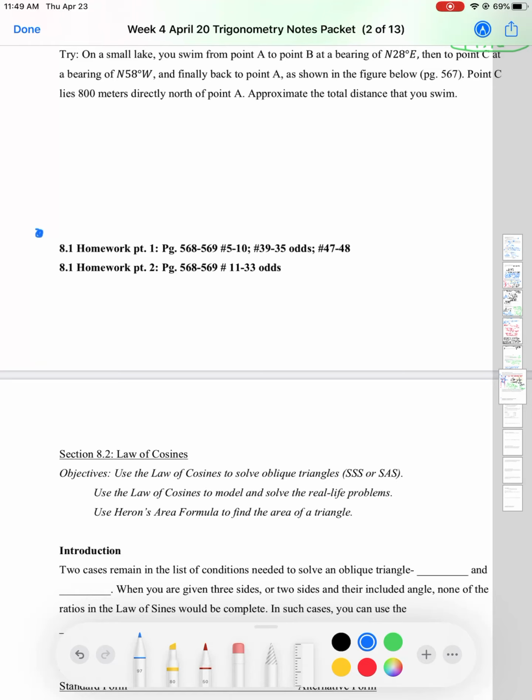So we're starting kind of down this time, and we're going northeast to B. Then to point C at a bearing of northwest. So then we go like up this way.